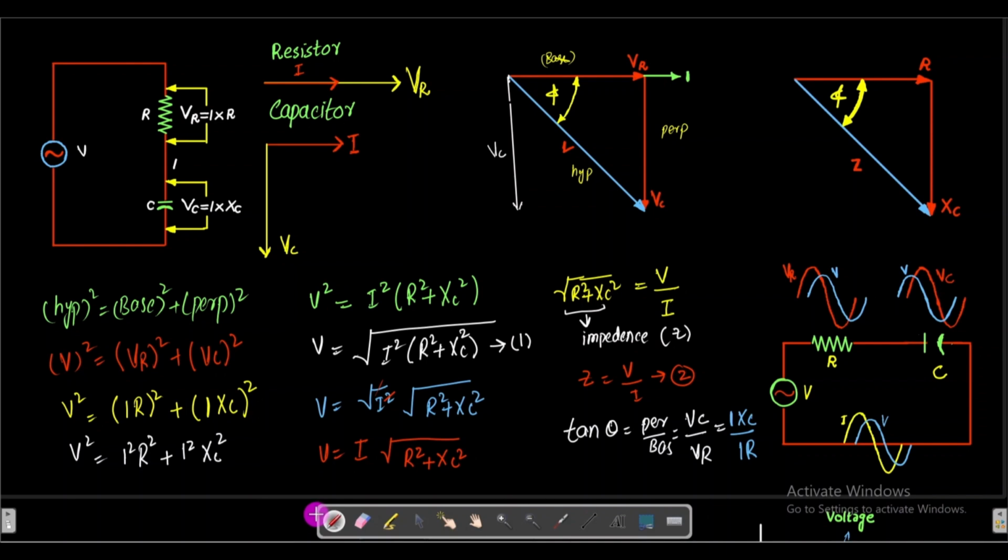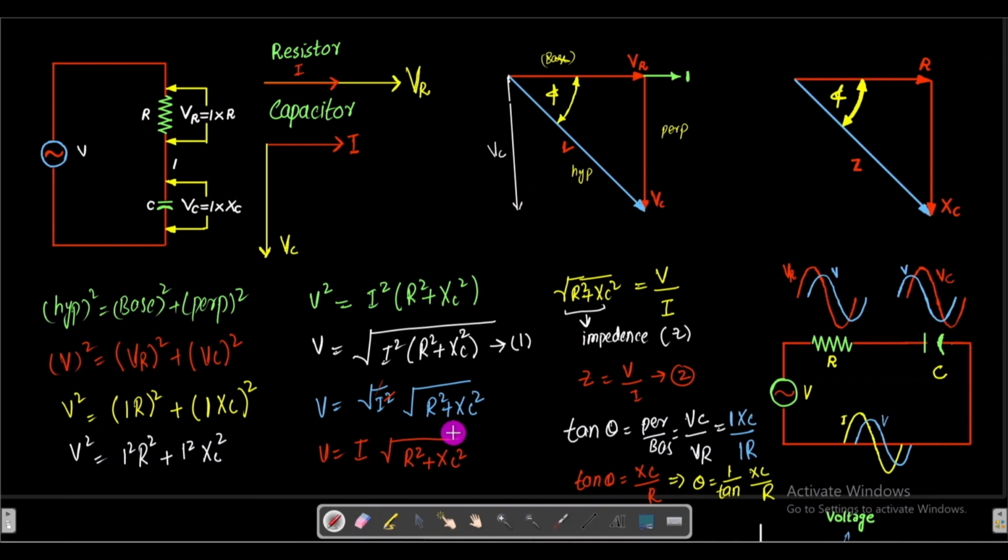This I and I will be cancelled, so tan theta is equal to XC divided by R. If we take the inverse tan on both sides, the tan will be cancelled out, and theta is equal to tan inverse of XC divided by R.